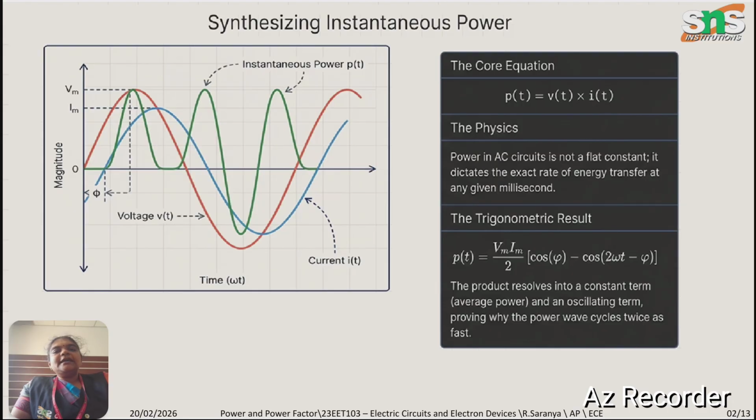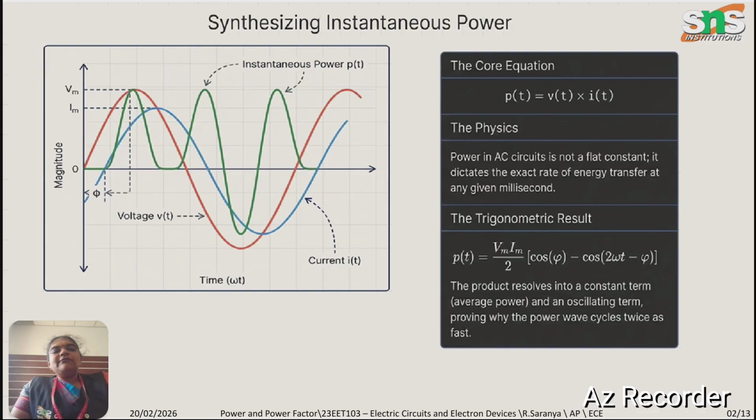Vm and Im are measured, and both have different angles. So the power in an AC circuit is not flat or constant. It changes with time, and it is the rate of change of energy being transferred from one form of energy to another form.